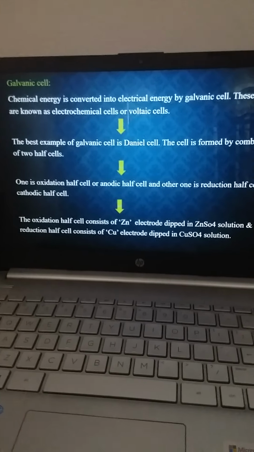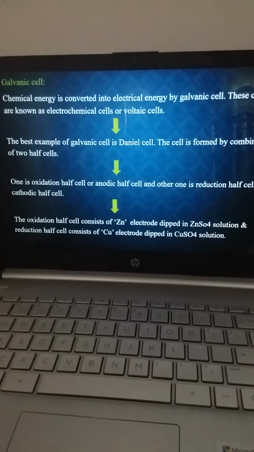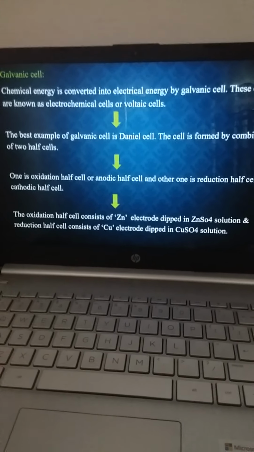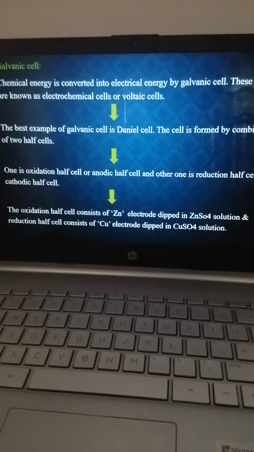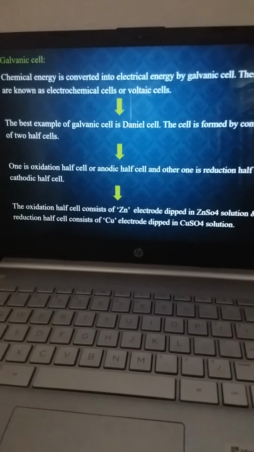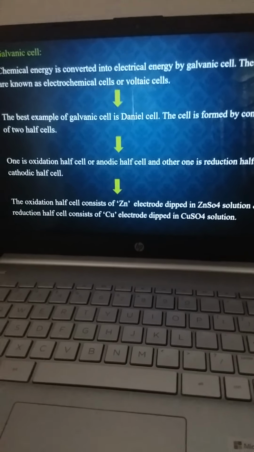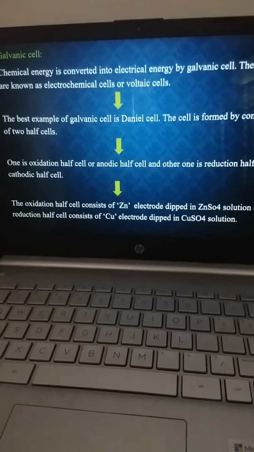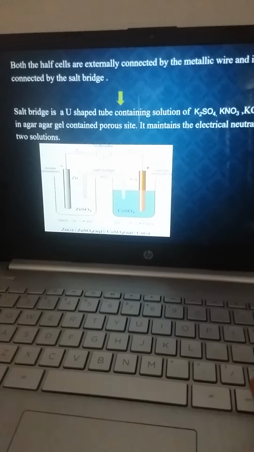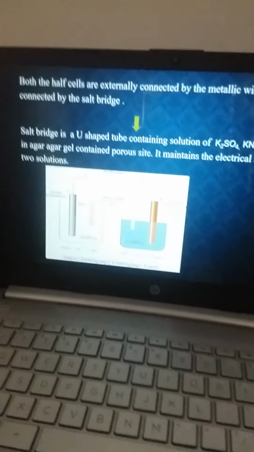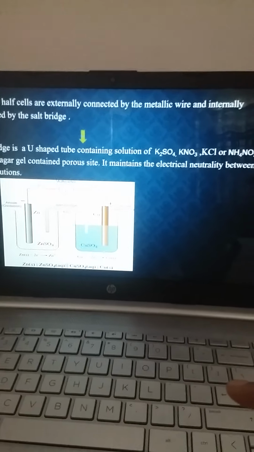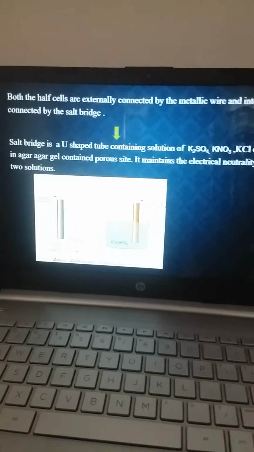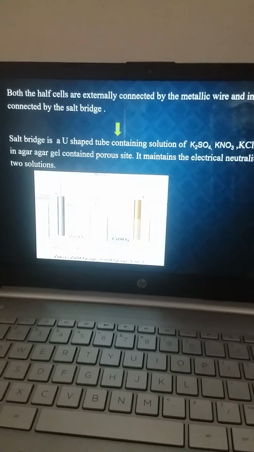The oxidation half cell contains a zinc electrode dipped in zinc sulfate solution, whereas the reduction half cell contains a copper electrode dipped in copper sulfate solution. Both half cells are externally connected by a metallic wire and internally connected by the salt bridge.